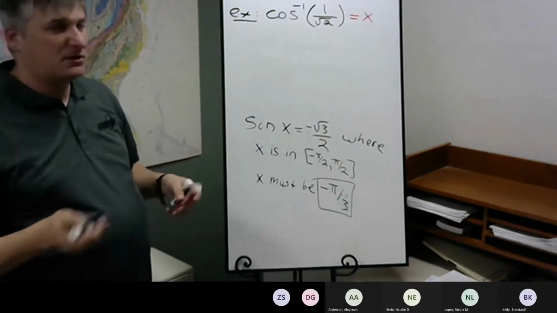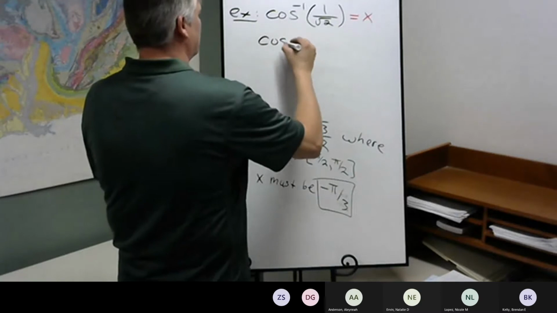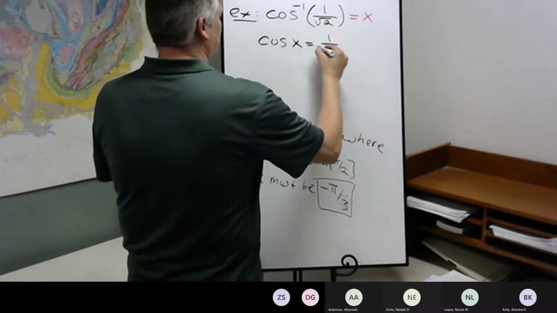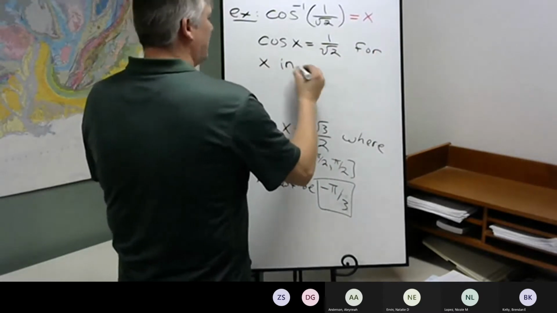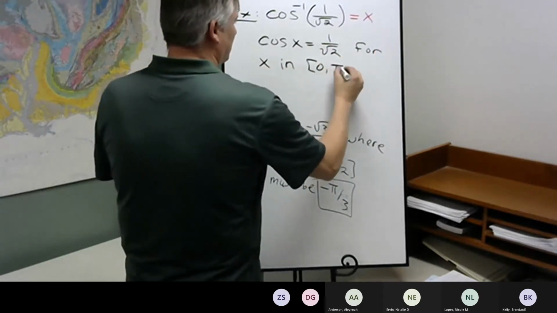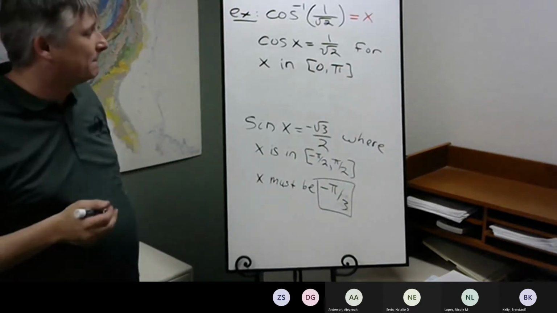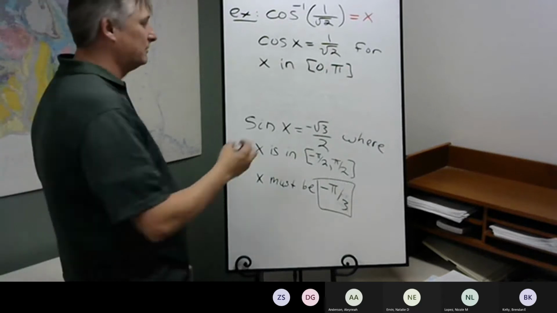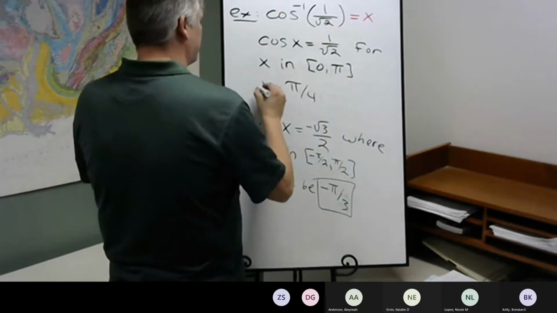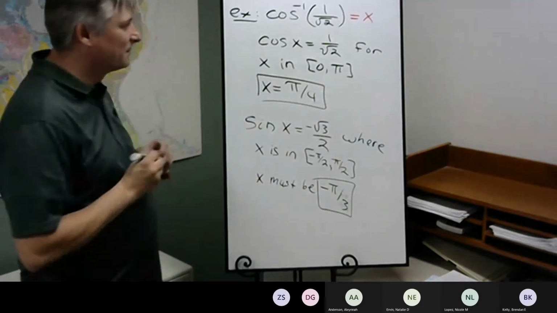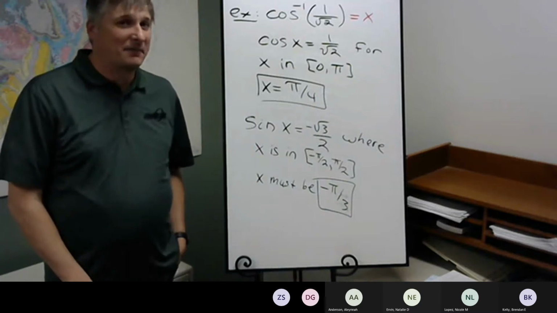We can rewrite this, not really as a cosine inverse, but as the cosine of x equals 1/√2 for x. And now for cosine, we have to choose an angle between 0 and pi, including 0 and pi. Well, that angle is π/4. Questions about that?